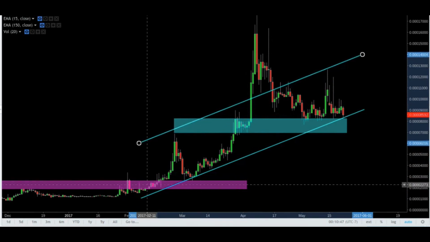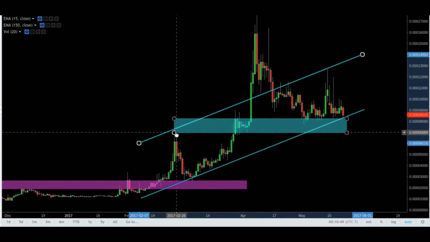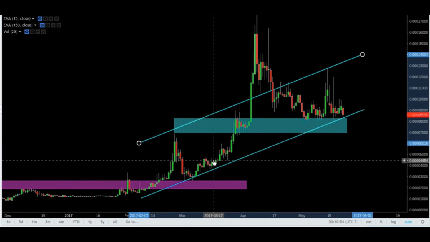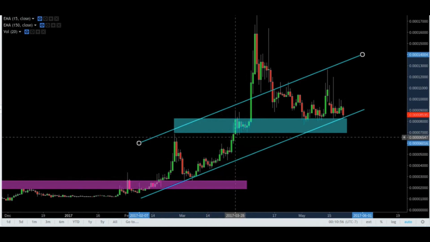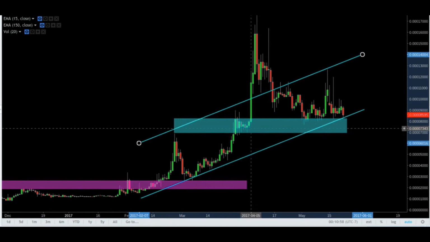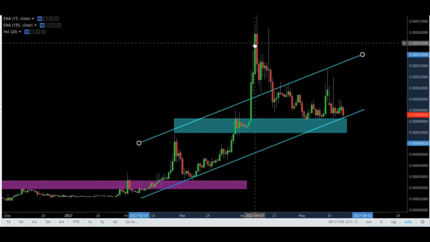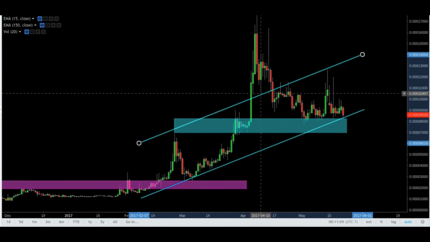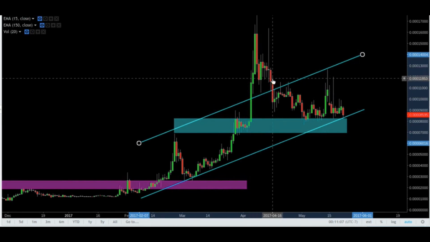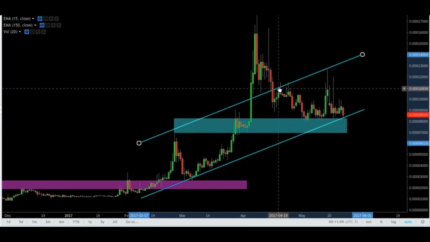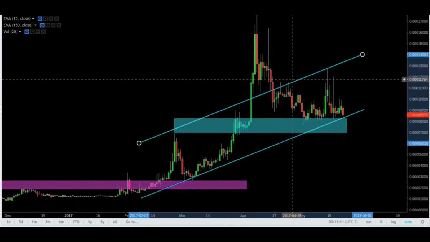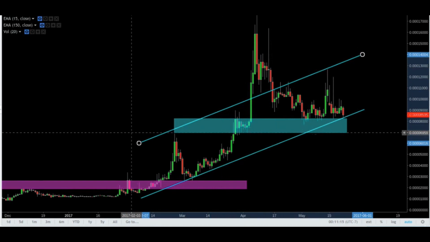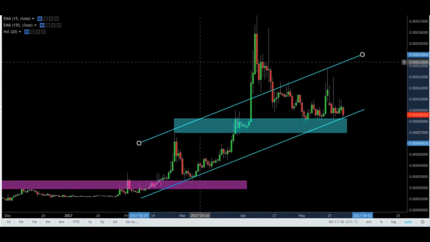As you can see, it comes, touches the zone, falls right back down, respects the lower support, follows right along, makes a move upward, stays in this zone, then shoots straight up. We have a fallback, which becomes support and falls right through. Then we have a move that tries to come back, creates that resistance, falls all the way through, and again creates resistance. So this actually does play a part. So we'll leave that channel in there.